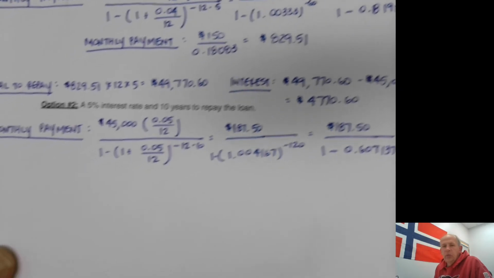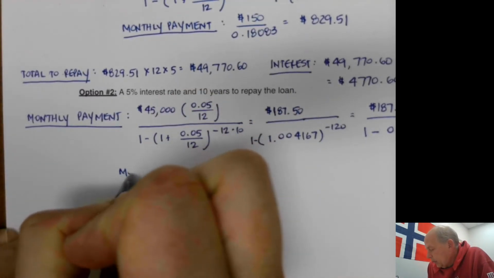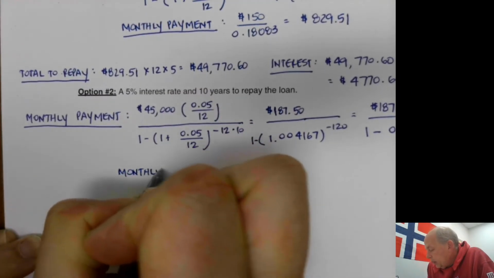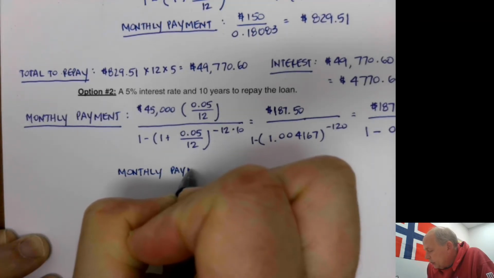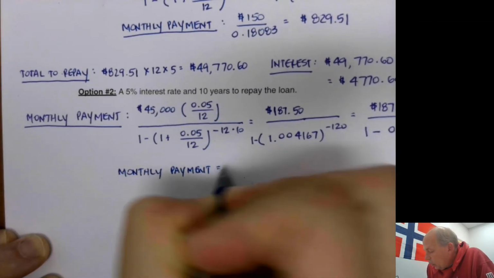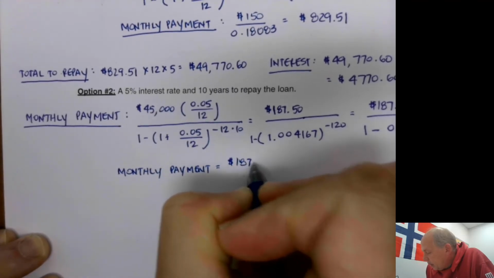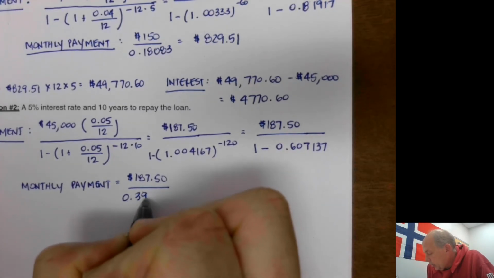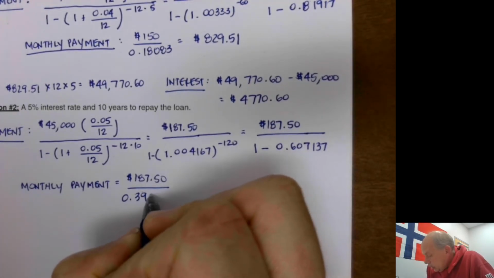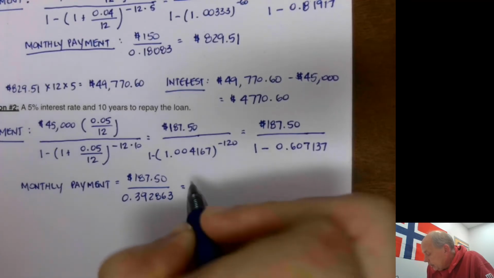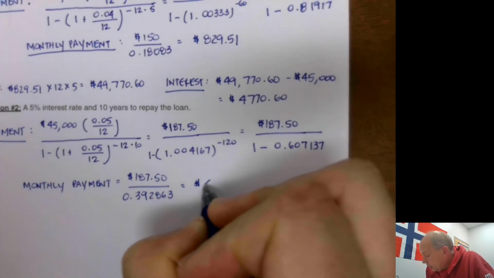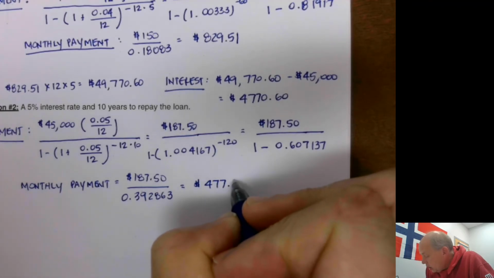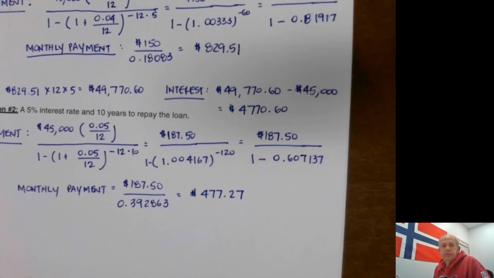Now, almost done with my monthly payment. My monthly payment, final step in the calculation, is I have 187.50 divided by 1 minus 0.607137, which is 0.392863, and that's going to give me 477.27.